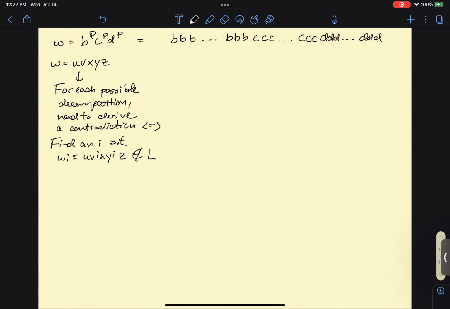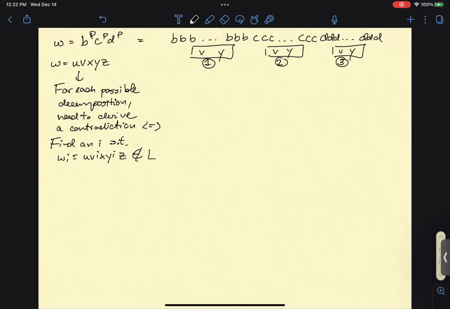So what are the possible cases here? V and Y could be here, and then V and Y could be here, and then V and Y could be here. Let's say this is case 1, 2, and 3. What else?